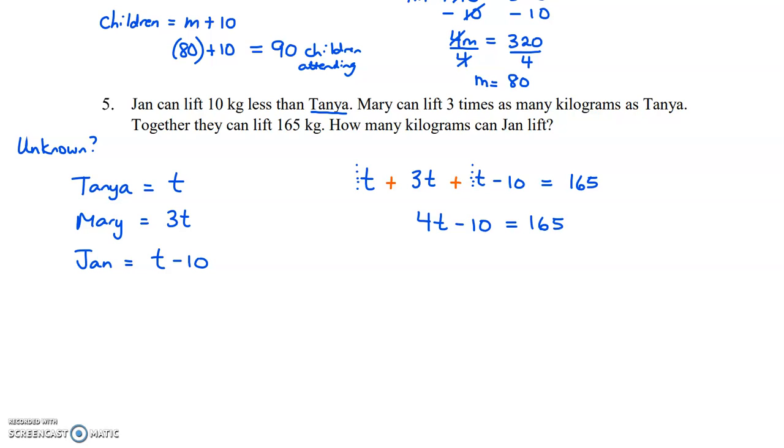This time we're subtracting 10, so we need to add 10 to both sides of the equation. 5t is equal to 175. And from here, you're going to solve for t, and then you can solve for Jan. So we divide by 5, divide by 5. Tanya is equal to 35 kilograms.